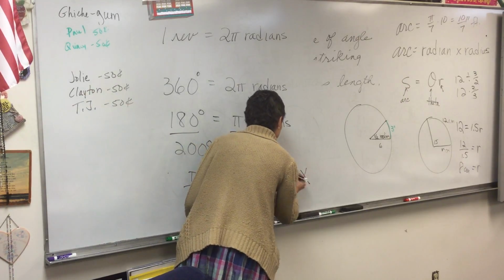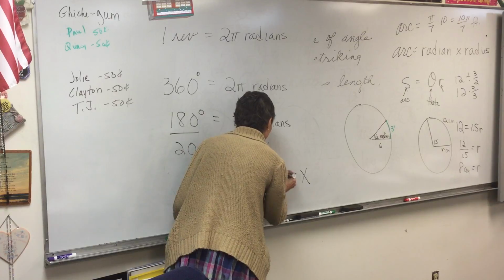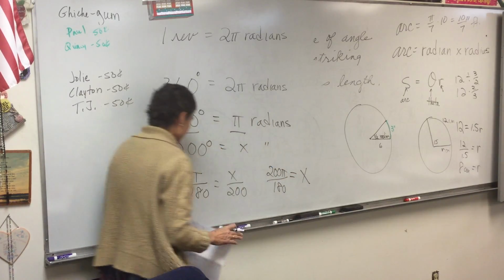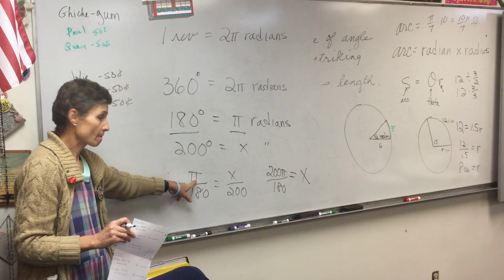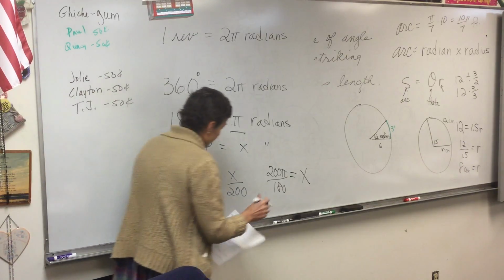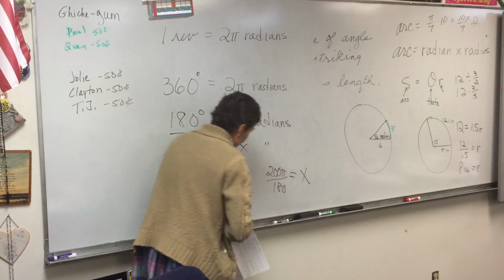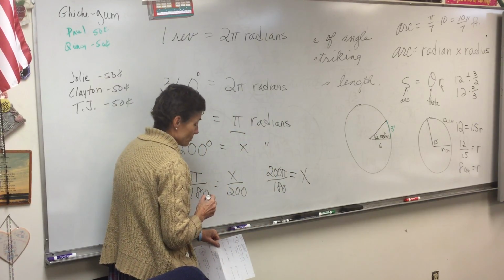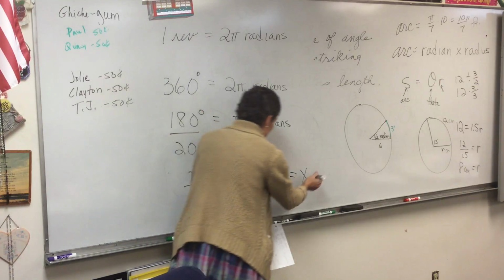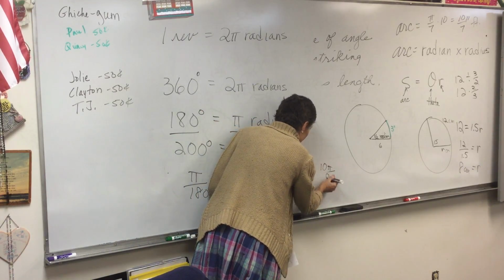So x will equal 200 pi over 180. Just bring that 200 right over here. And then I'll reduce. So how does that reduce? 20 over 18, which breaks down even more. 10 pi over 9.